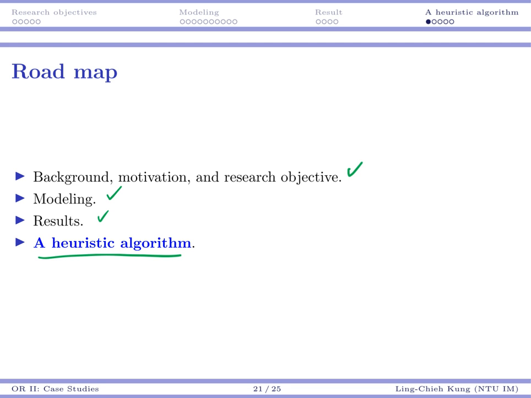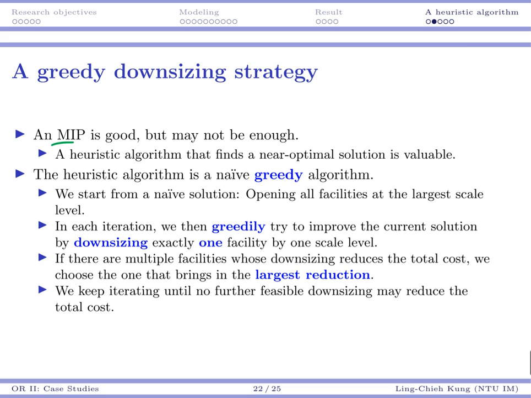So a mixed integer program is good, but maybe it's not enough, especially if you expect to evaluate more candidate locations, maybe 40, maybe 50. If you expect to have more customers, maybe 20,000, maybe 30,000.